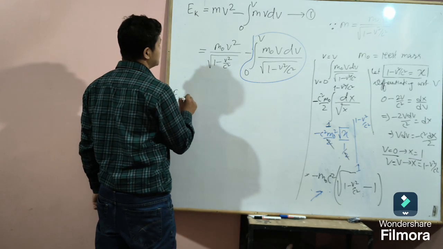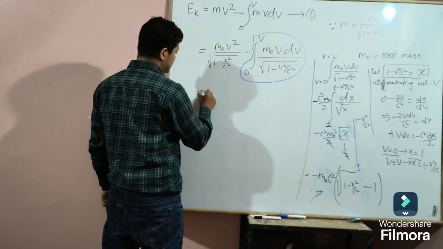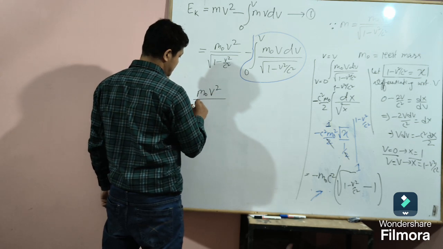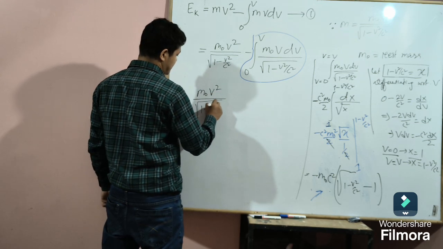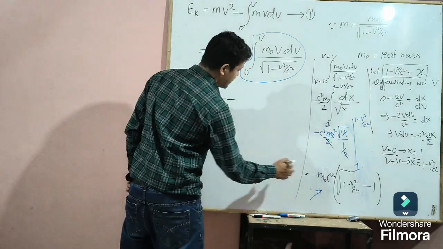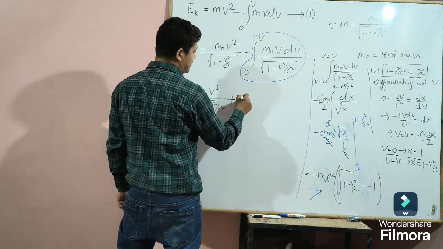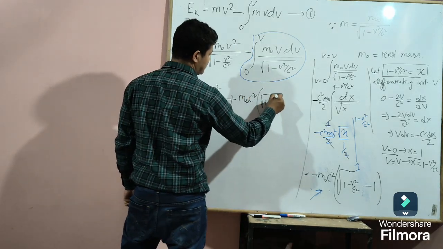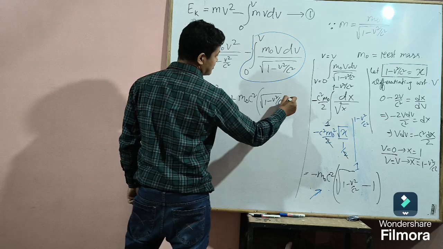Ek is equal to m naught v square by root over 1 minus v square by c square minus, and there is also minus, so it's going to be plus m naught c square within bracket root over 1 minus v square by c square minus 1.